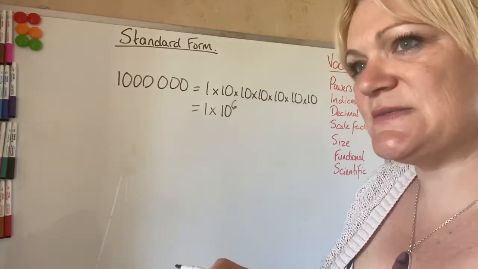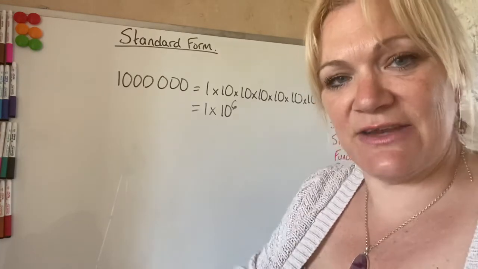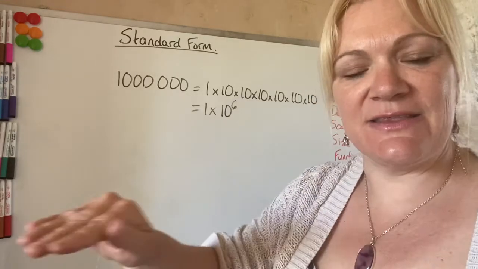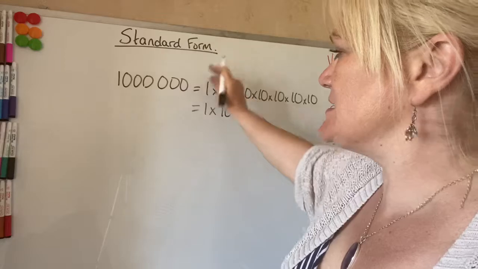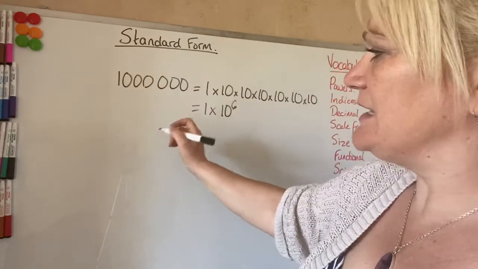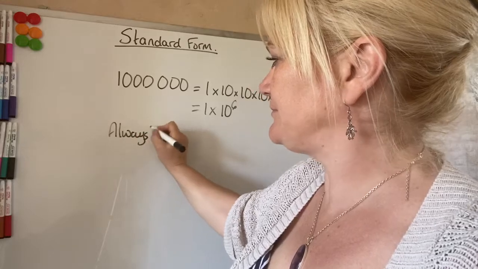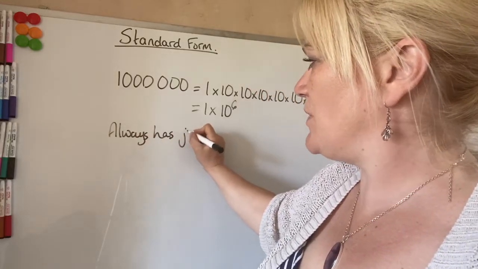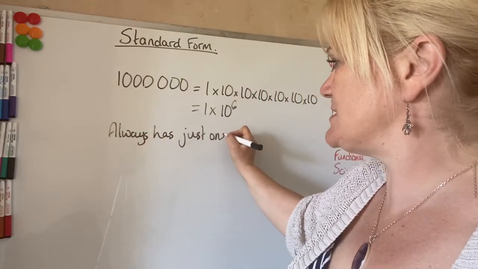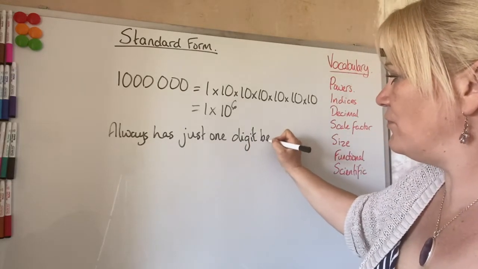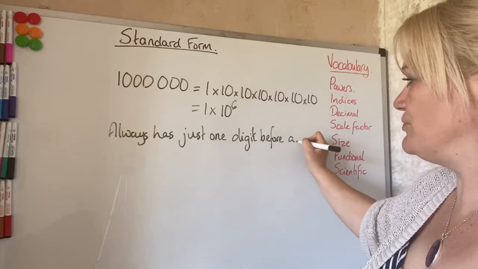Standard form is very specific. It's standard, that's the idea. It's the same for everybody all over the world. Standard meaning exactly the same for everyone. So it's standard form, it's written in the same way. And a standard form number always has just one digit before a decimal point.